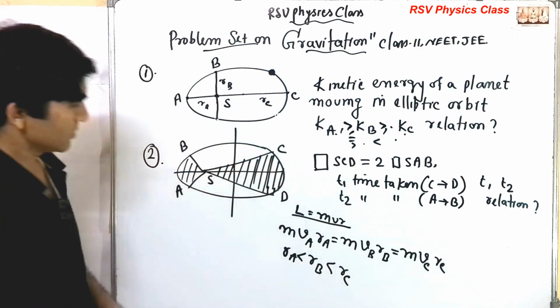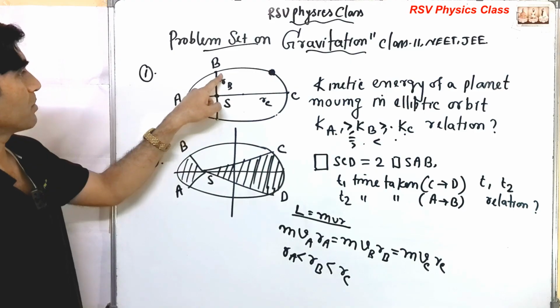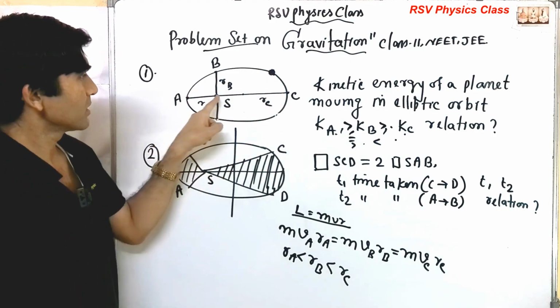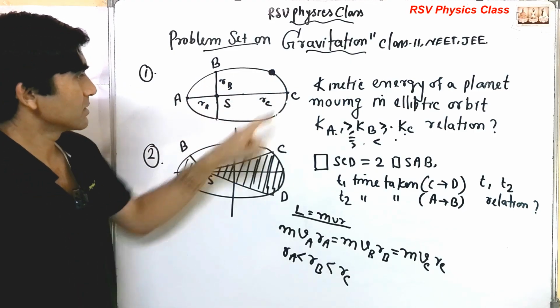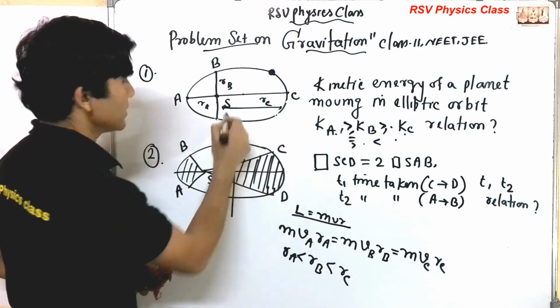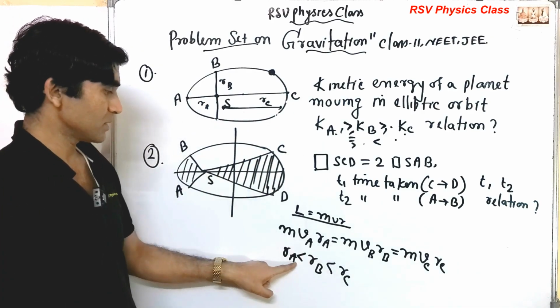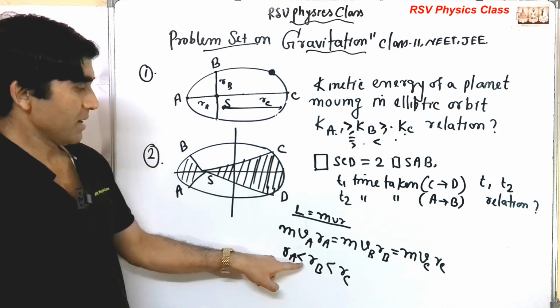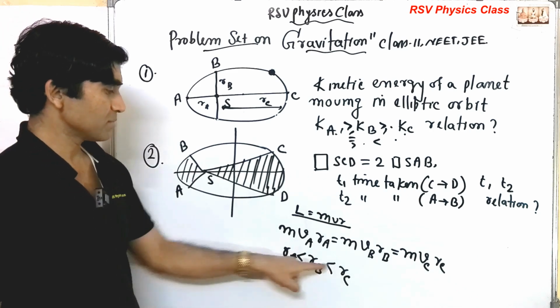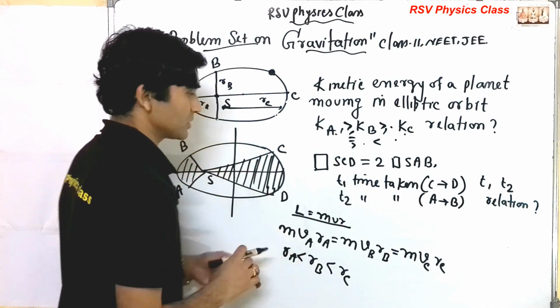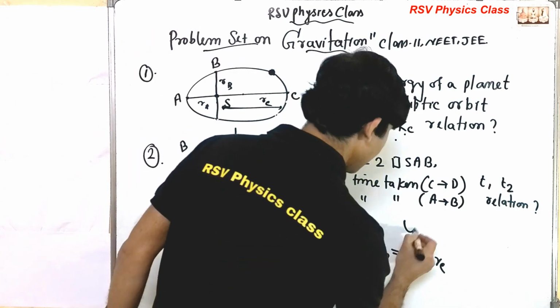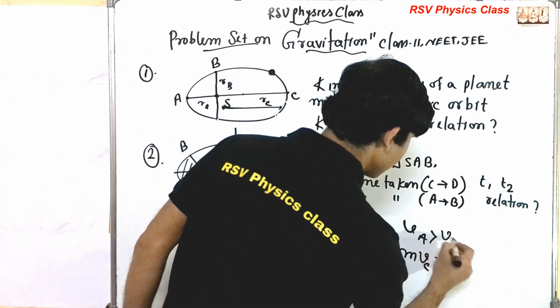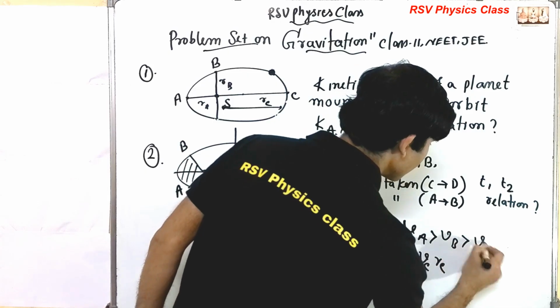So ra is smaller than rb, which is smaller than rc. From this relationship, consecutively you can write va greater than vb greater than vc.